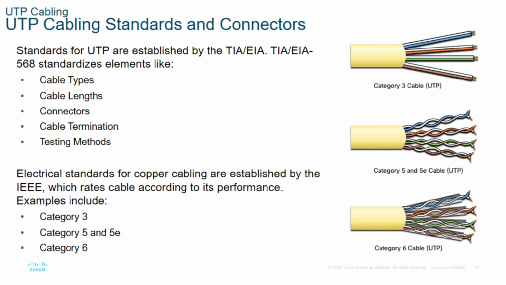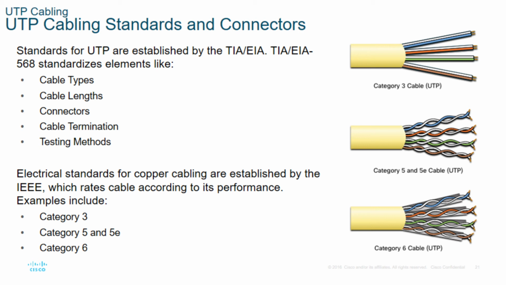The figure shows categories of UTP cable. Category 3 was originally used for voice communication over voice lines but later used for data transmission. Category 5 and 5E are used for data transmission: category 5 supports 100 Mbps and category 5E supports 1000 Mbps.